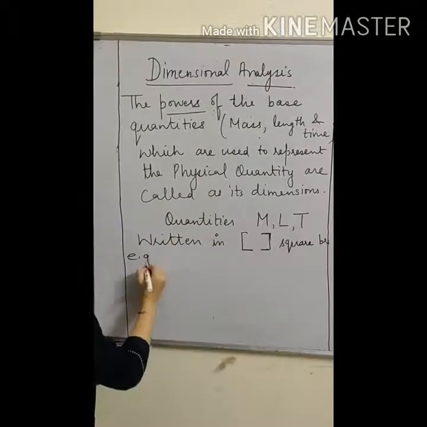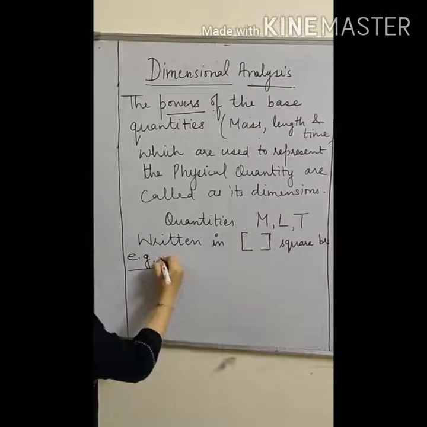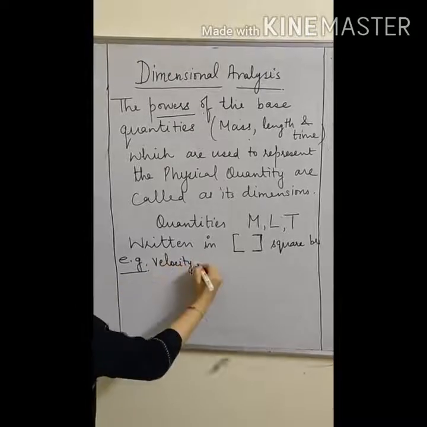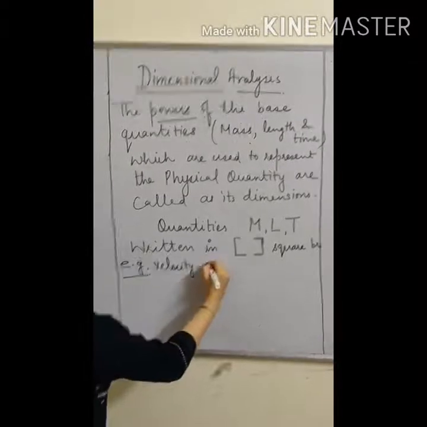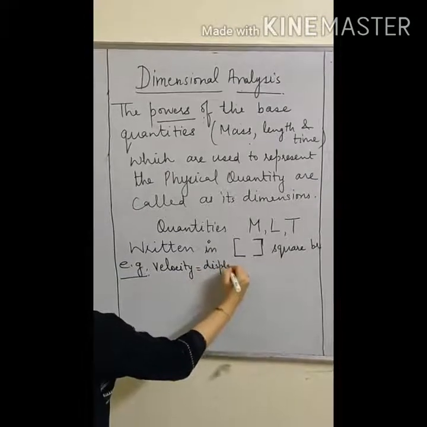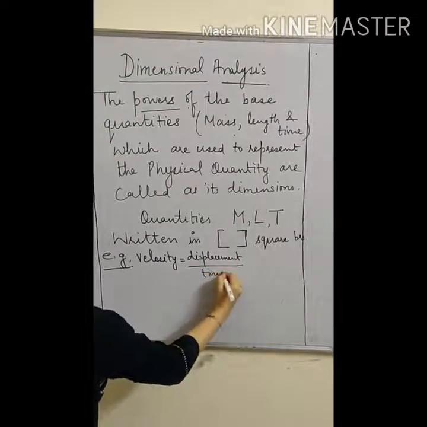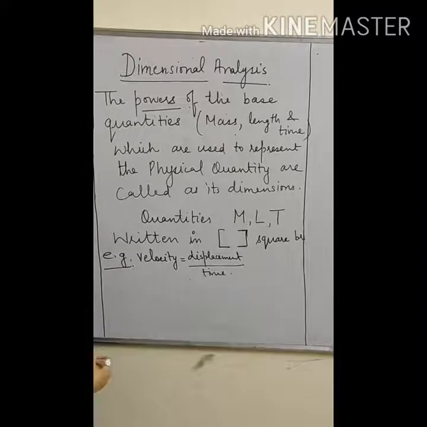Now, if we write the dimensions of a quantity, say velocity, we all know velocity's formula is equal to displacement over time. Now how will we write down the dimensions?